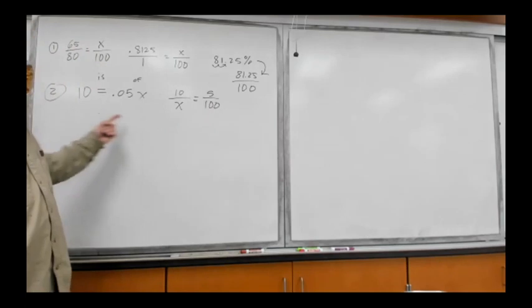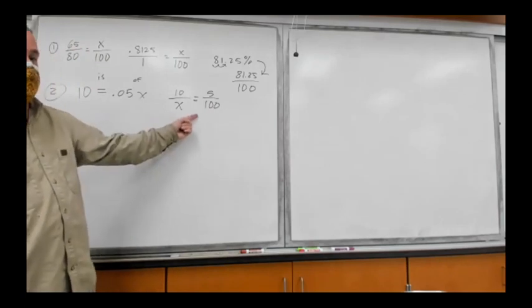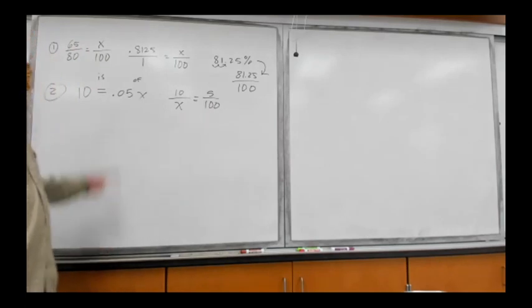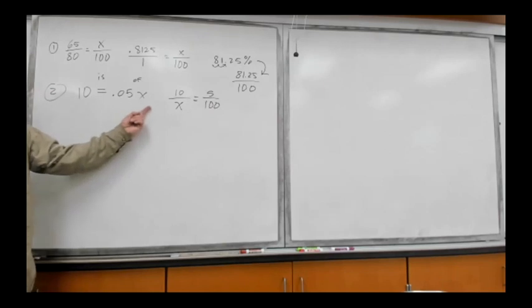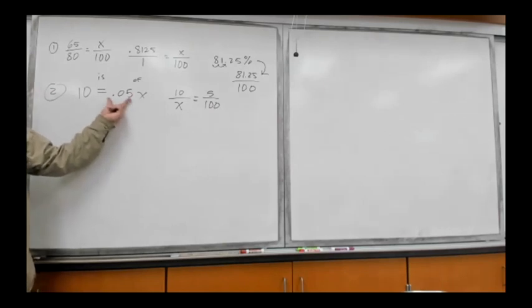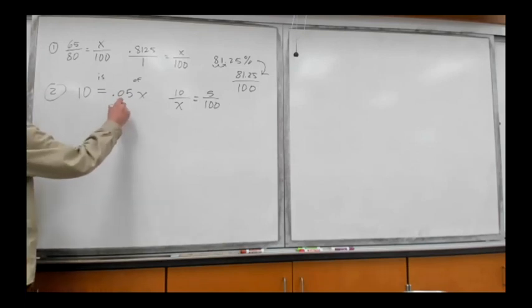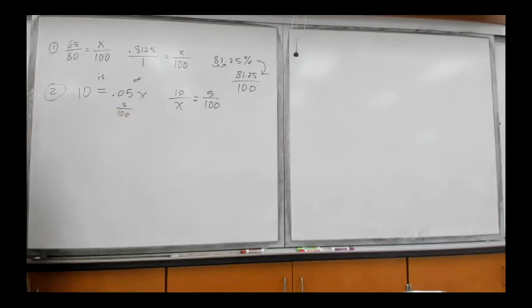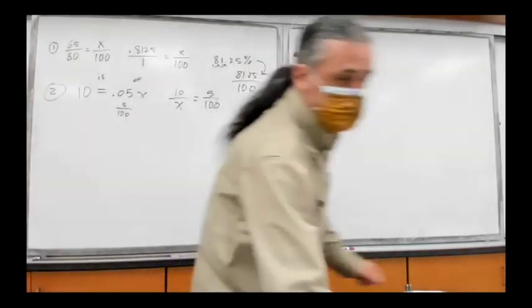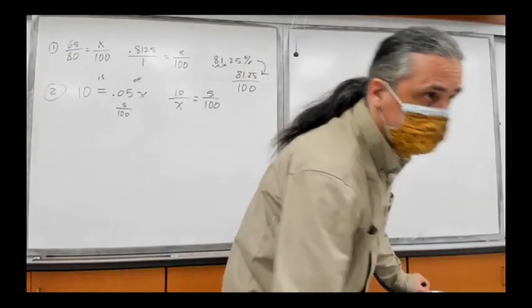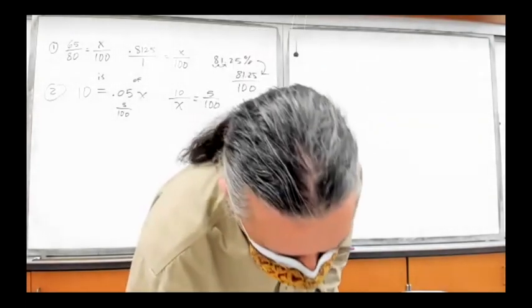It's just another way to set it up. But you can use the sentence to write an equation. Just remember that when you get your percentage, you need to change it to a decimal, because that decimal came from this fraction. That's why I change it. And again, after a while, you just do that instinctively. You don't think about it.